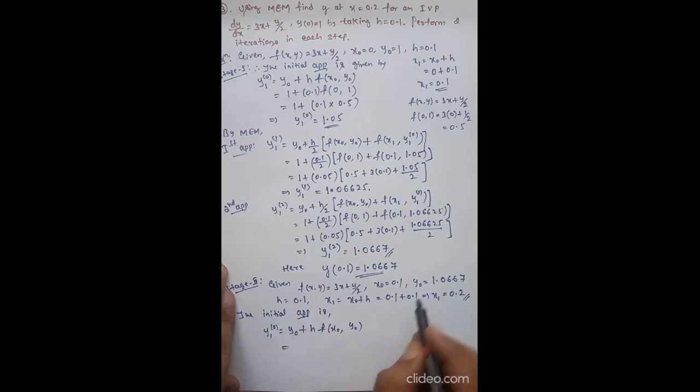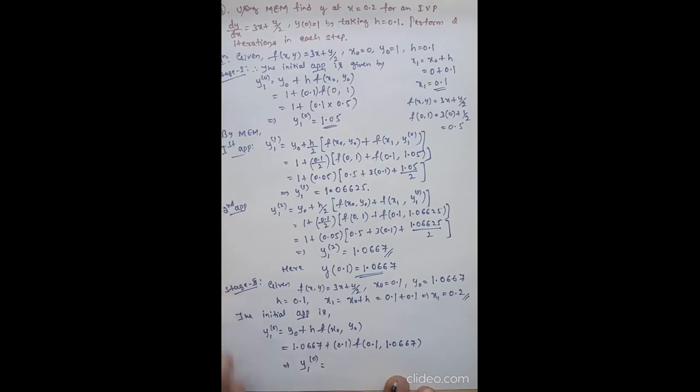Now y0 is 1.0667 plus h is 0.1 into f of x0 comma y0. In this stage x0 is 0.1 and y0 is 1.0667.